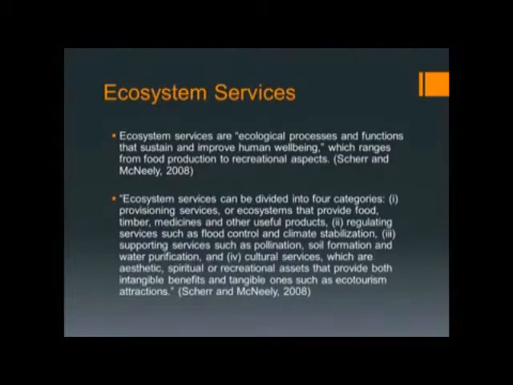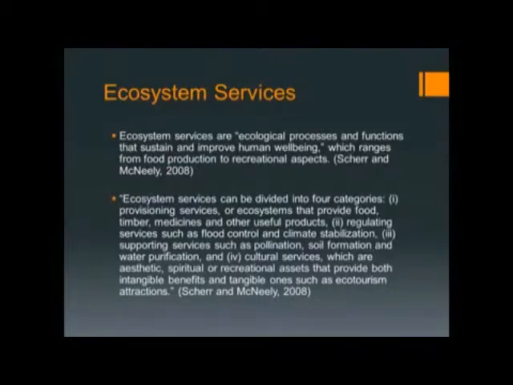Alright, so another important component of multifunctional landscapes is ecosystem services. Ecosystem services are ecological processes and functions that sustain and improve human well-being, which can range from food production to recreational aspects. And these services can be divided into four categories. The first one is provisioning services, or ecosystems that provide food, timber, medicines, and other useful products.